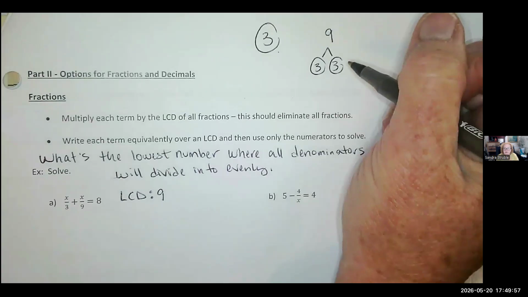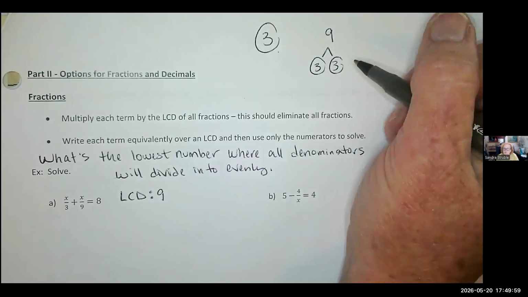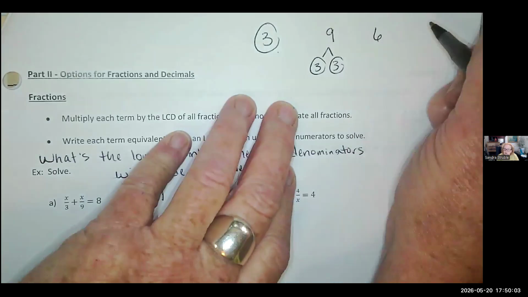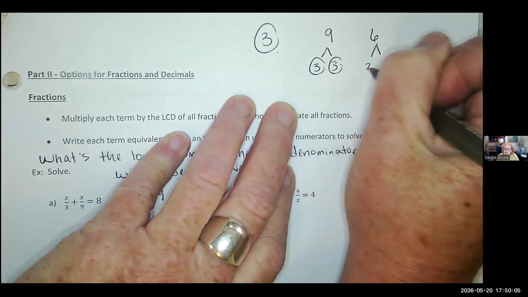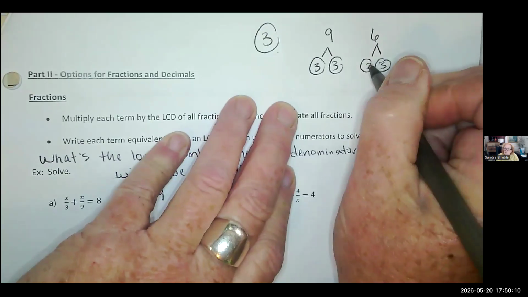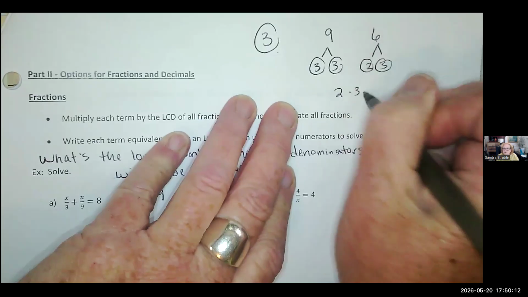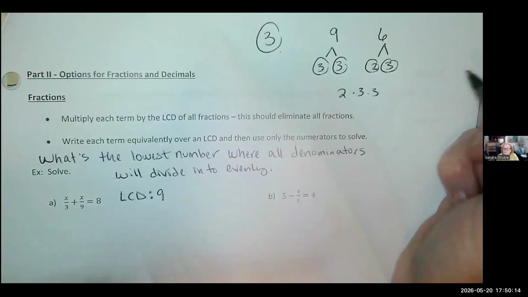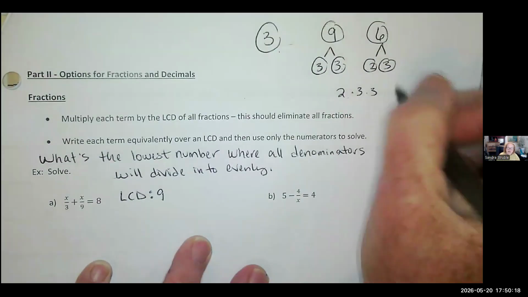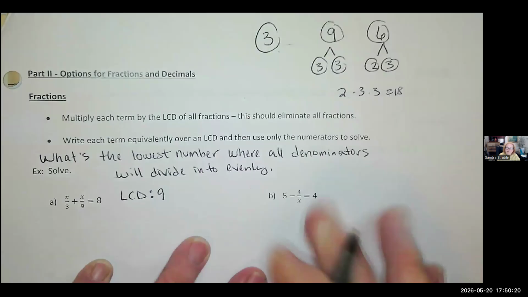If you bring in another one that's 6, it's 2 and 3. That's the primes. So you would have to have a 2 and two 3s, so it would be 18 if you had all of these numbers. But in this case, we only have 3 and 9, which gives the lowest common denominator of 9.